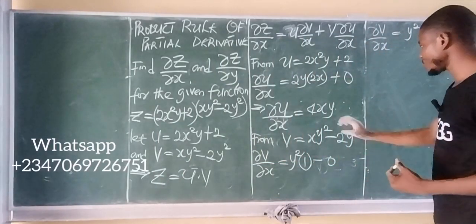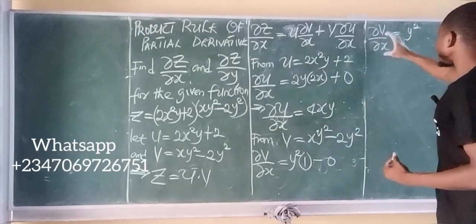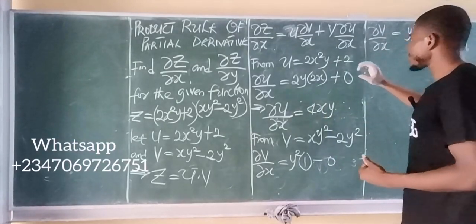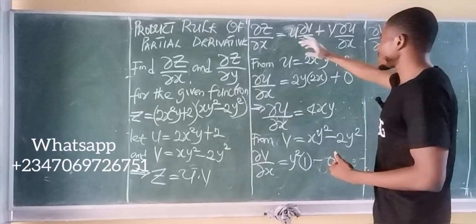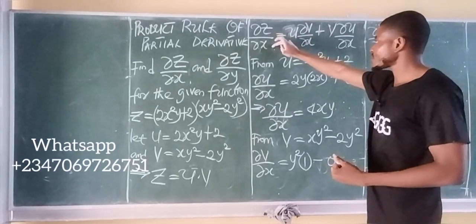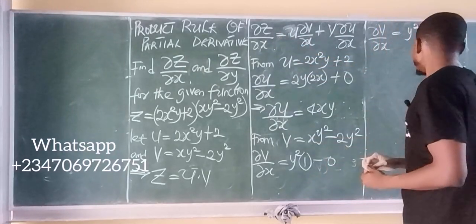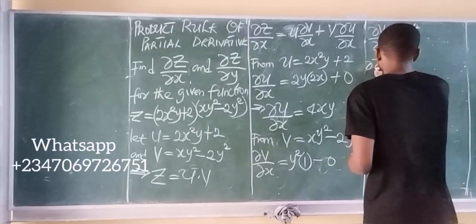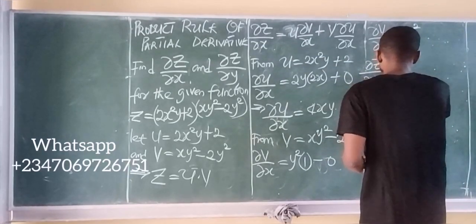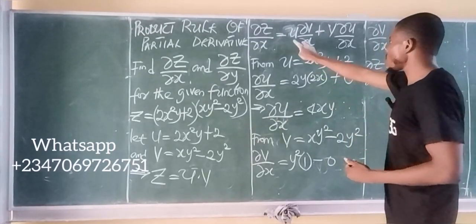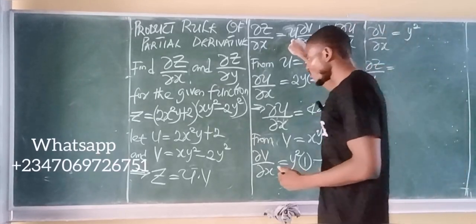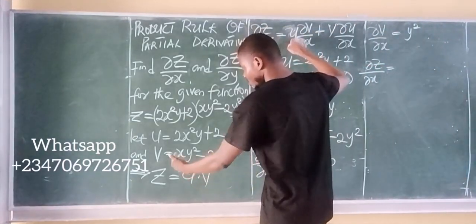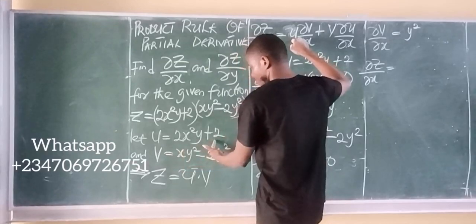Now, I know partial u partial x to be this. I know partial v partial x to be this. I can now plug it into this equation and obtain the partial derivative of z with respect to x. So let's try it and see. Partial z partial x is simply equal to, we said, hold u, and the value of u, from what we assume, is that let u be equal to 2x squared y plus 2.